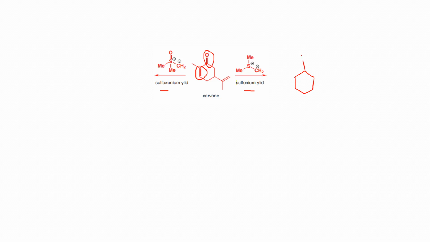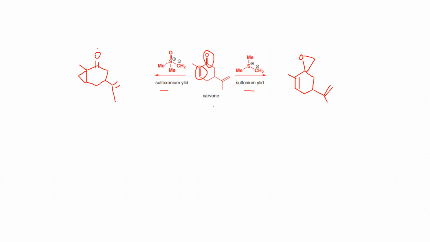There will be a formation of epoxide, whereas in this case there will be a formation of cyclopropane. Now there are two double bonds, but always choose the alpha beta unsaturated double bond. In case of sulfoxonium halide, a normal double bond will not react.